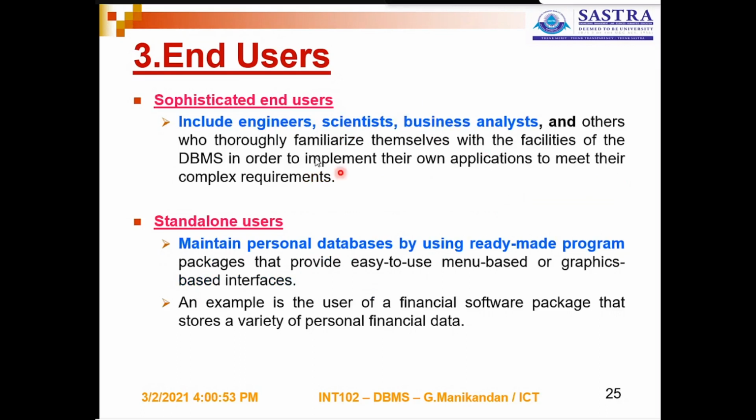These persons have some basic idea about the database and are familiar with the functionality of the database management system, the various modules available in it. Based on that, they can customize the database management system according to their own requirements. Those types of users are called sophisticated users.